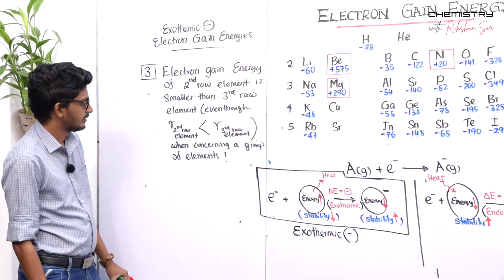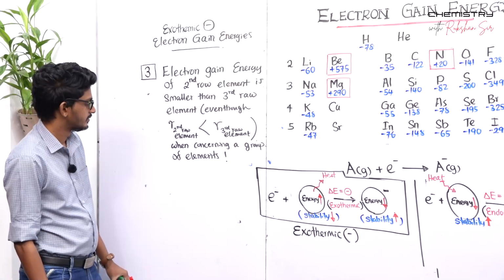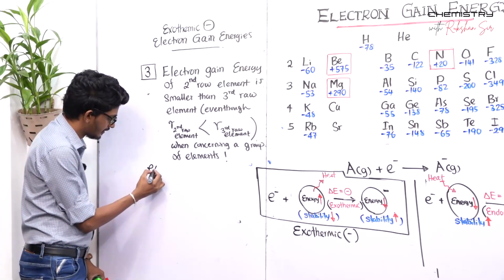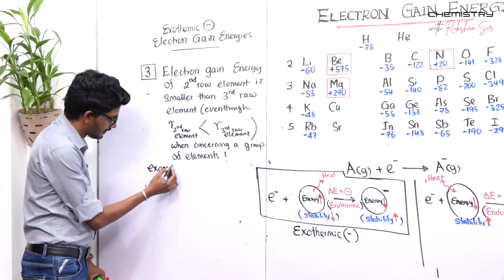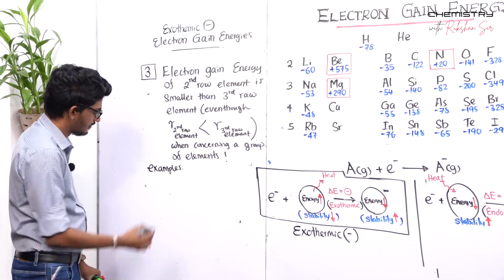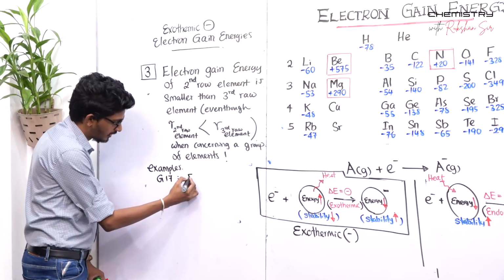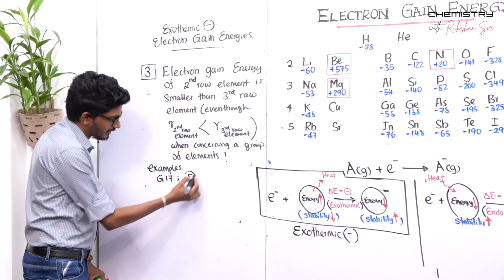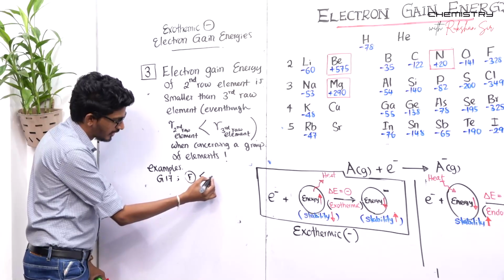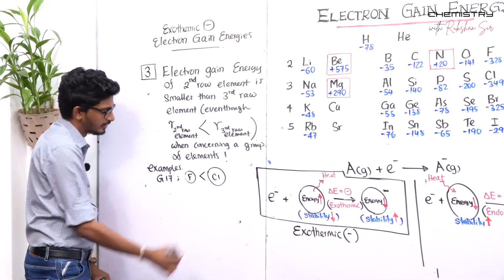What is the reason here? I'll give you some examples. When it comes to group 17, fluorine has a smaller value than chlorine, which has a greater radius.